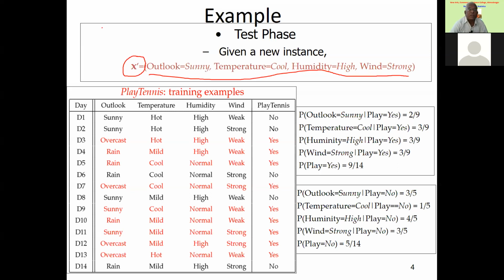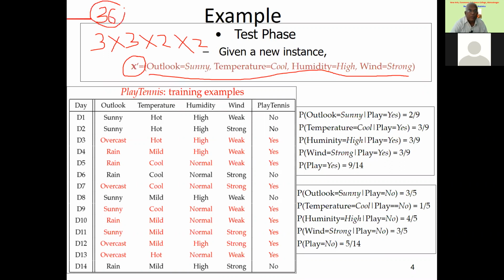So let me write here 3, multiplied by, in case of temperature, there are three possibilities. So it is again 3, multiplied by humidity, there are two possibilities, and wind also has two possibilities. So if I take the product, there are 36 possibilities.